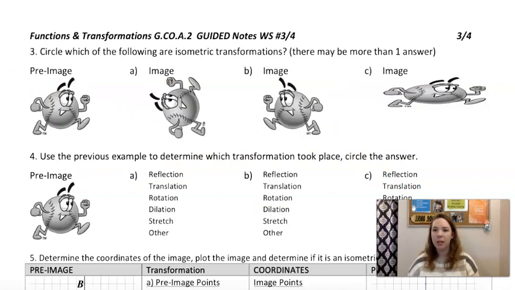All right, so next page for us. It looks like we're still just doing a couple more. Circle which of the following are isometric. So that means that they have the same size and angle between their points. So this is our pre-image. I would say that this looks about the same size. Same here, but this one is warped, so it's not the same size anymore.